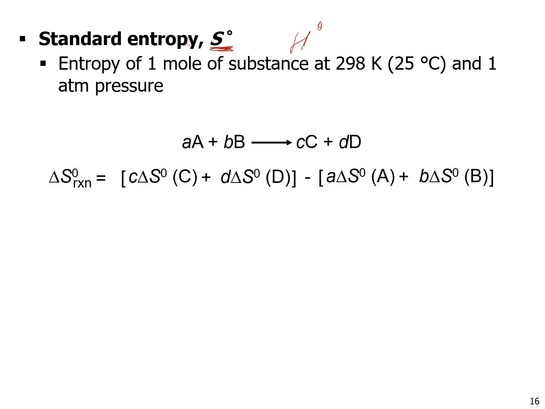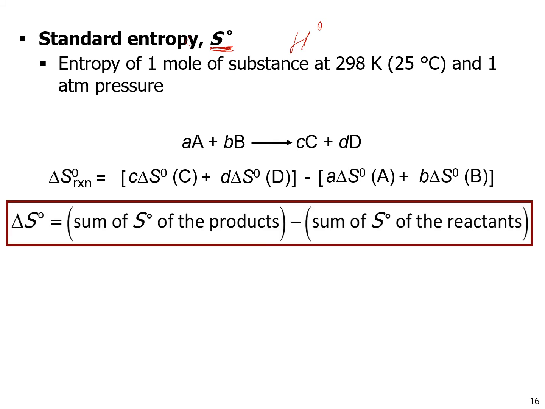So delta S of the reaction in this case would be c, the stoichiometric coefficient, times the standard entropy of C, plus d, the stoichiometric coefficient of our product D, times the standard entropy of D. So we add the entropy of the products, which is the sum, minus the sum of the entropy of the reactants in a similar manner: small a times the entropy of A, plus small b times the entropy of B. So this is essentially the formula for calculating delta S for a particular reaction.